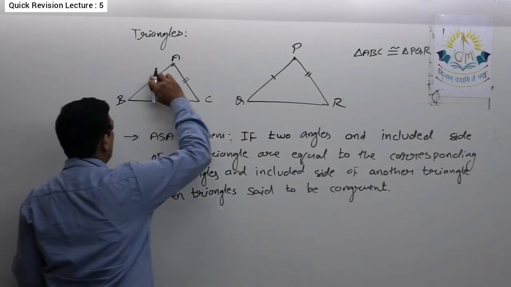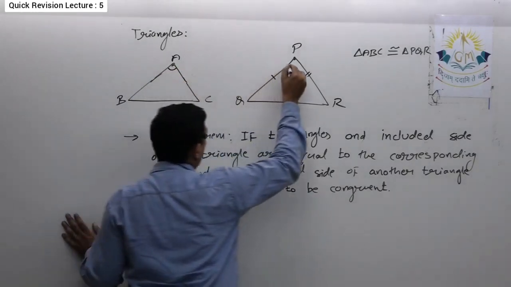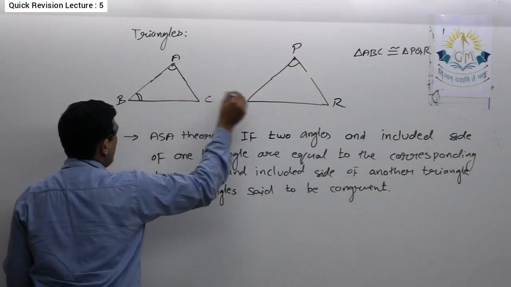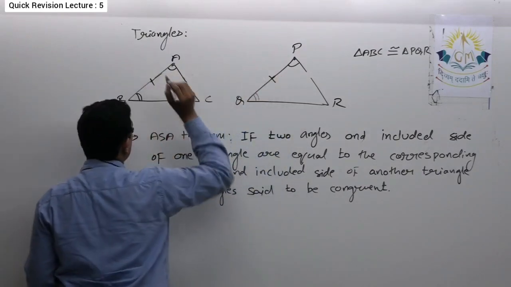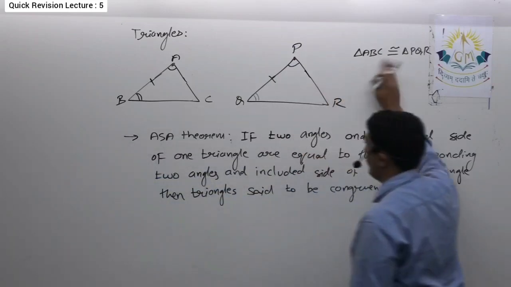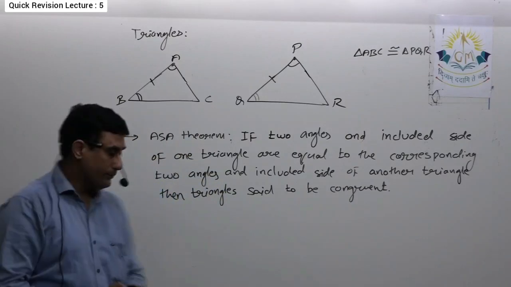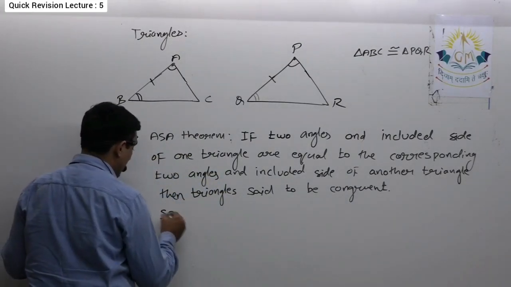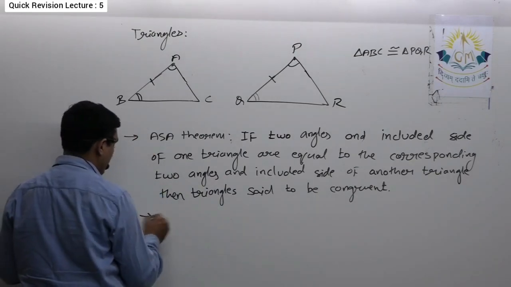That means suppose I have angle A is equal to angle P, angle B is equal to angle Q, and PQ equal to AB, then we'll say triangle ABC is congruent to triangle PQR.